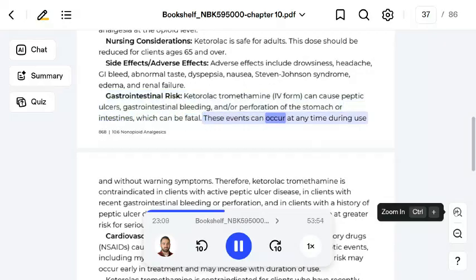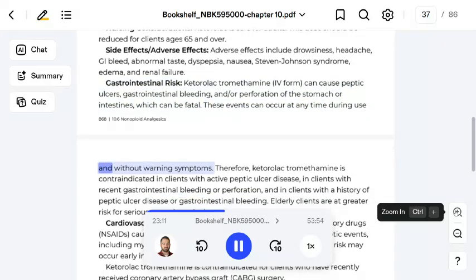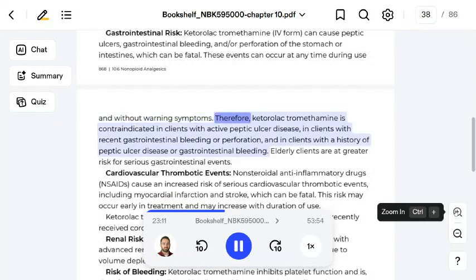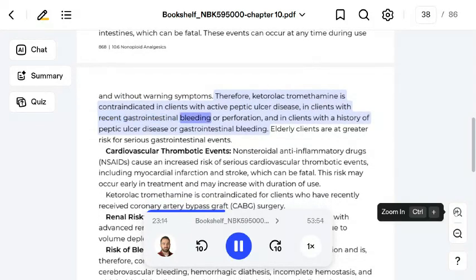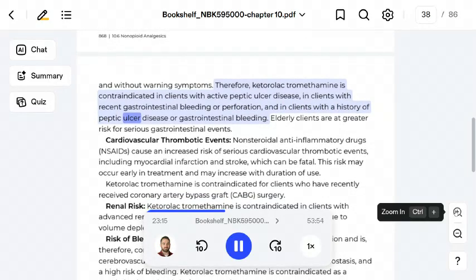These events can occur at any time during use and without warning symptoms. Therefore, ketorolac tromethamine is contraindicated in clients with active peptic ulcer disease, in clients with recent gastrointestinal bleeding or perforation, and in clients with a history of peptic ulcer disease or gastrointestinal bleeding.